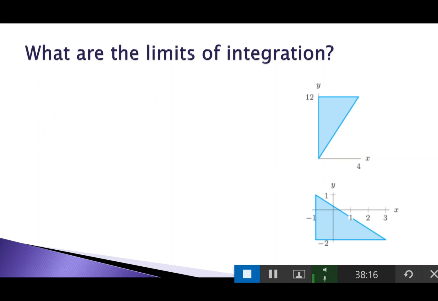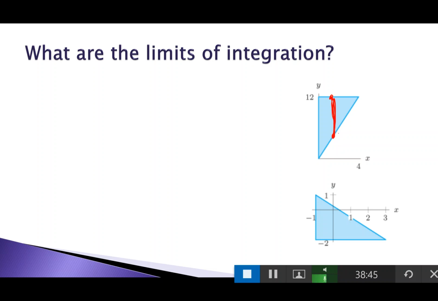If I do this with dy first, this is dy first. I think from bottom to top where my region is.